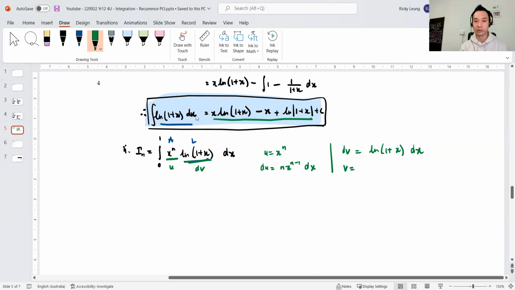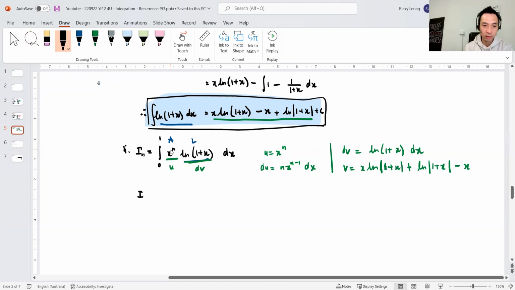So v equals exactly that, (1+x) ln(1+x), use absolute values. I'll put the long one first, right? Log of 1 plus x, and then minus x, and then got nice limits as well of 0 and 1.